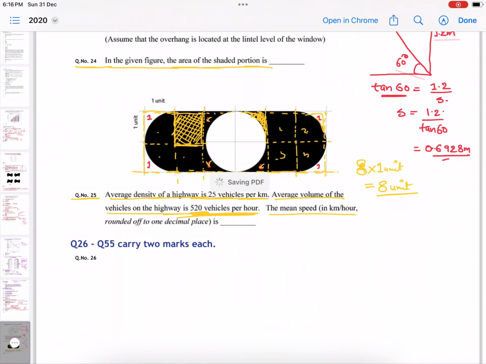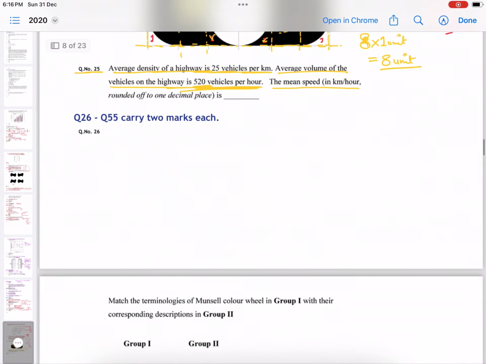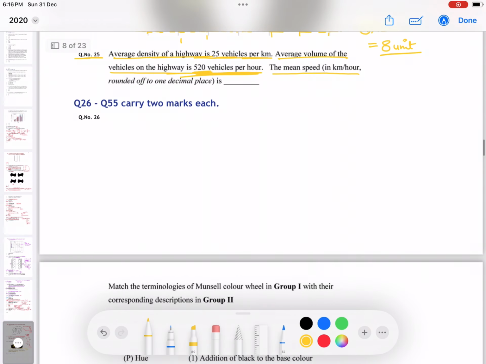In this question, only one formula is applied, and by that you can get the answer. So mean speed equals average volume upon average density.